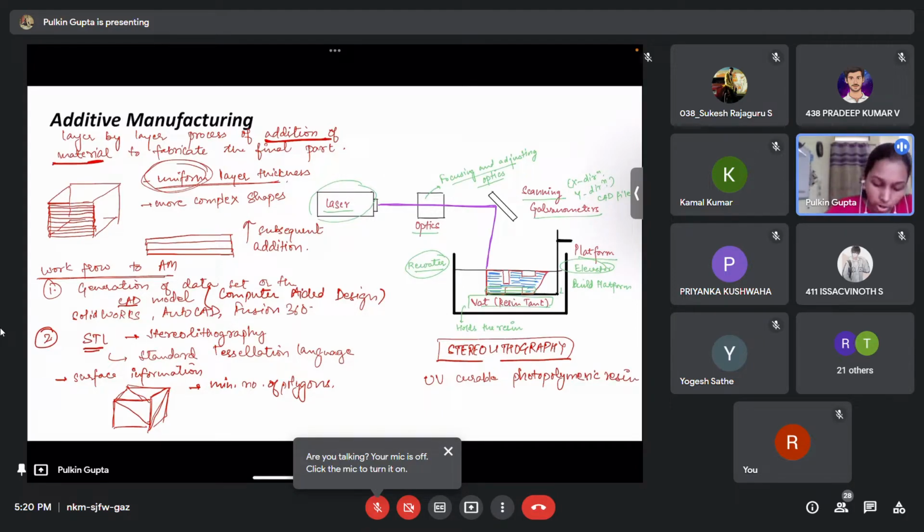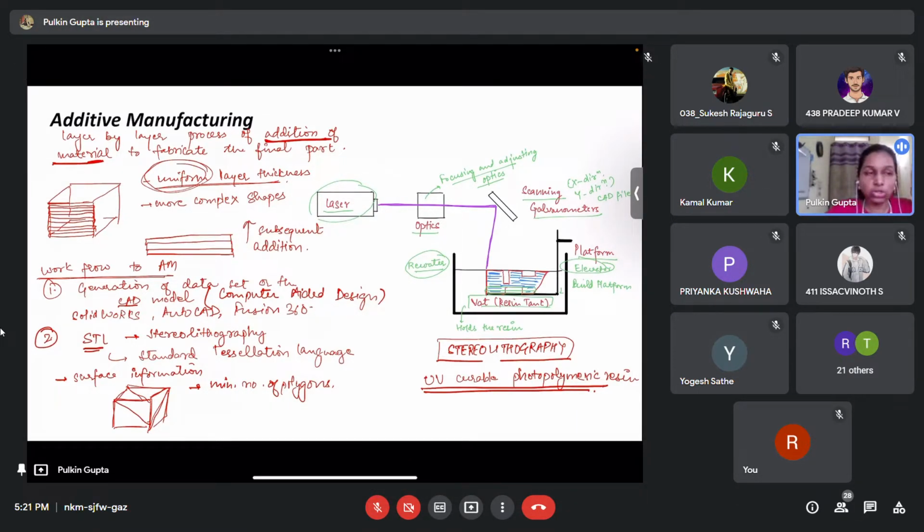So what is UV curable photopolymeric resin? This is a resin which responds to UV light. As soon as UV light is imparted to it, it tends to solidify. The UV light initiates the polymerization process, and the resin polymerizes and gives you a solid part.